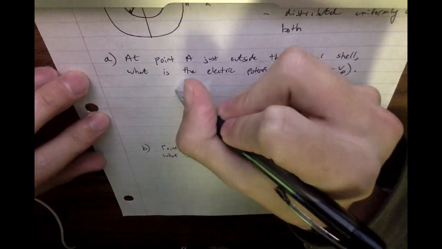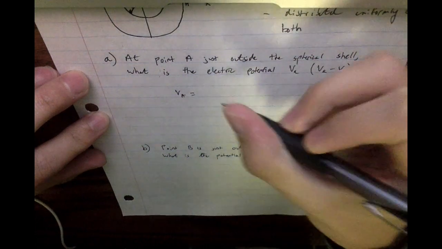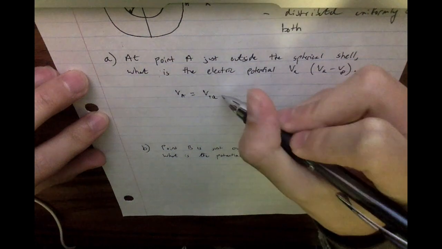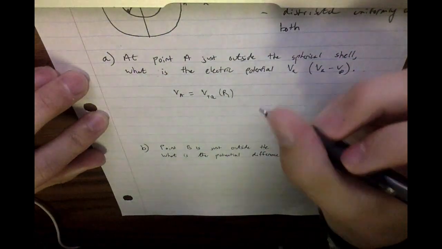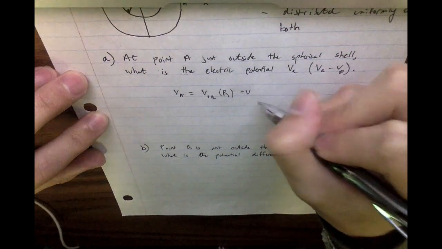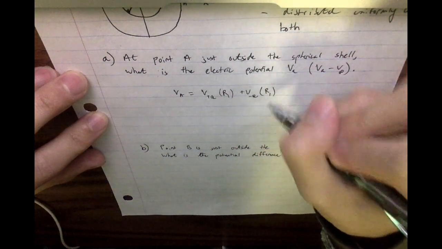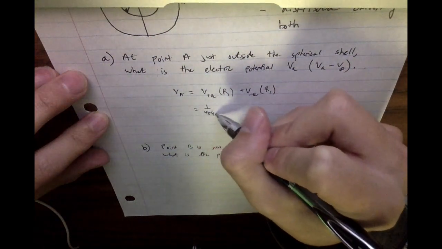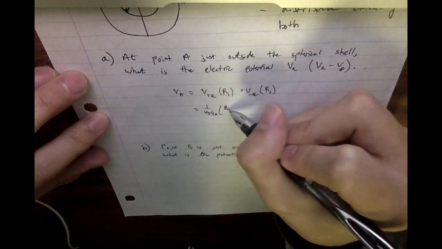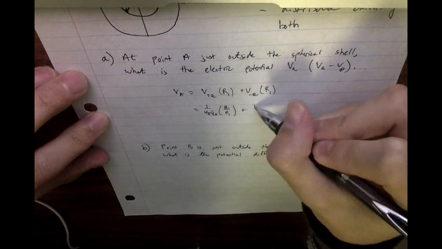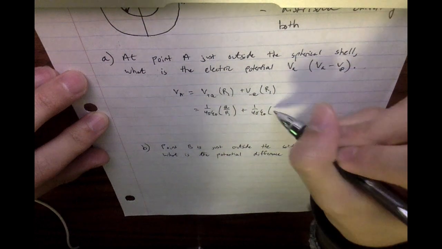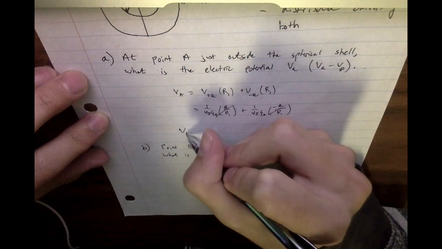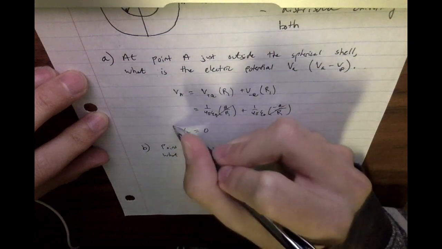So it's just VA equals V of positive Q at R1 plus V of negative Q at R1, which equals 1 over 4 pi epsilon naught Q over R1 plus 1 over 4 pi epsilon naught negative Q over R1. And these will obviously cancel out, making VA equal to 0.